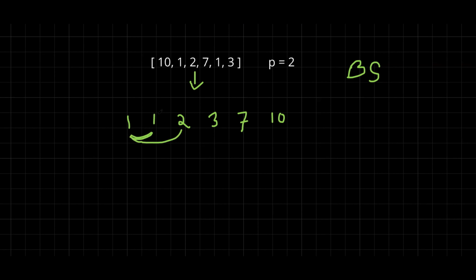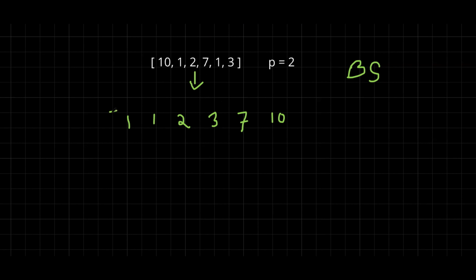And similarly, the difference of this 1 and 2 will be less than the difference of this 1 and 3. So, if we want to make the pair, we have to always take the adjacent elements. This is the first intuition. So, to find the adjacent elements, we first have to sort the input array.